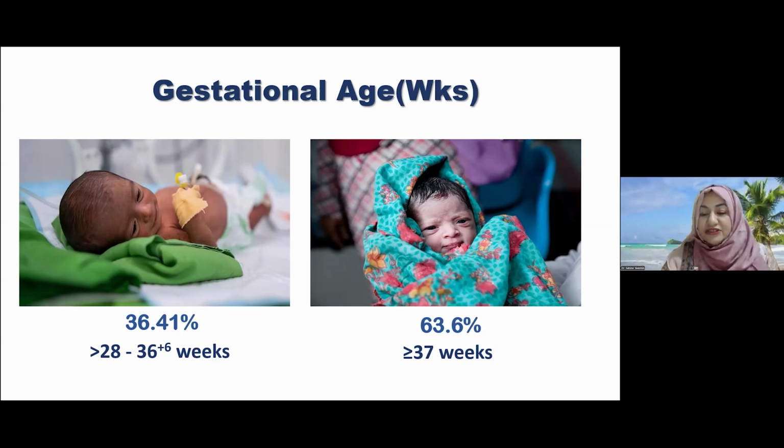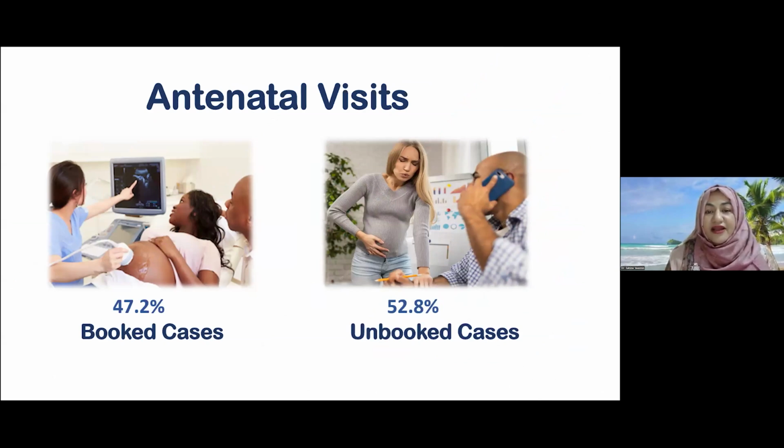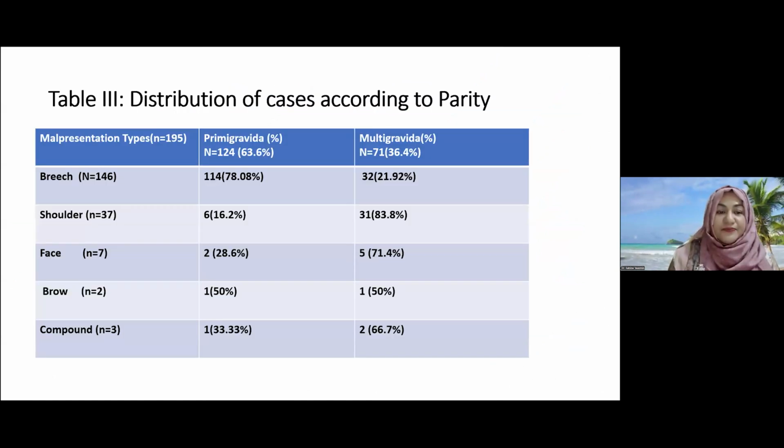The maximum of patients had gestational age of 37 weeks or more, that is term pregnancy or more, which is 63.6%. Regarding antenatal visits, most of the cases were unbooked cases, that is 52.8%.